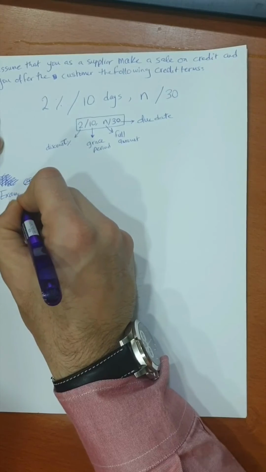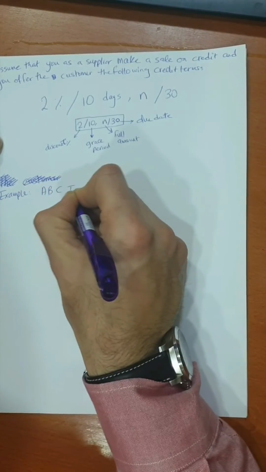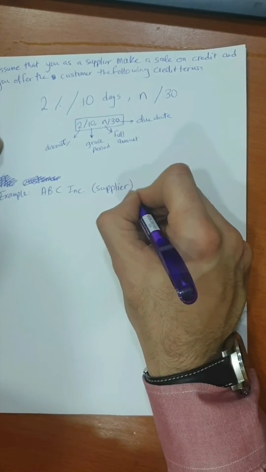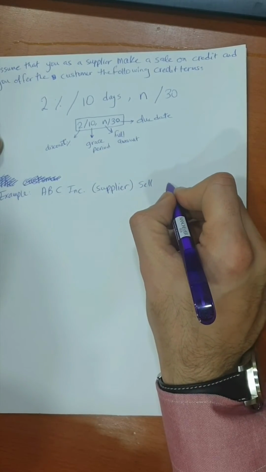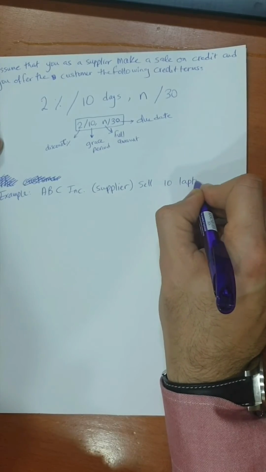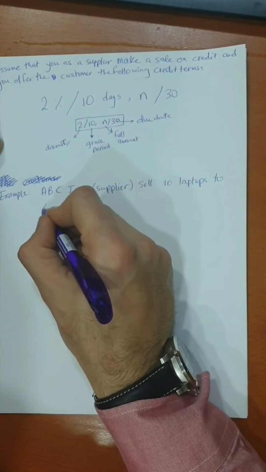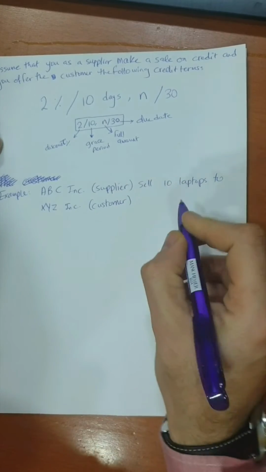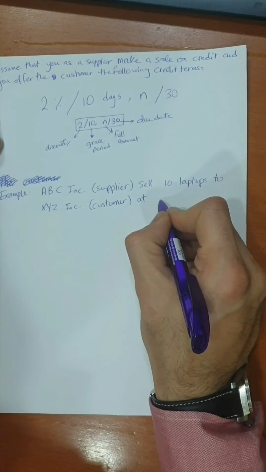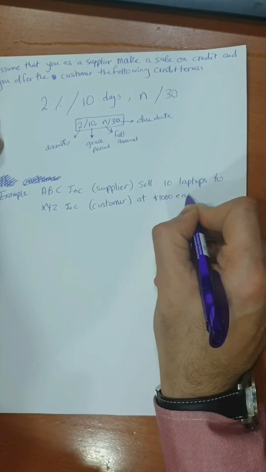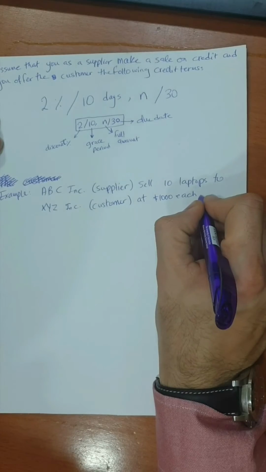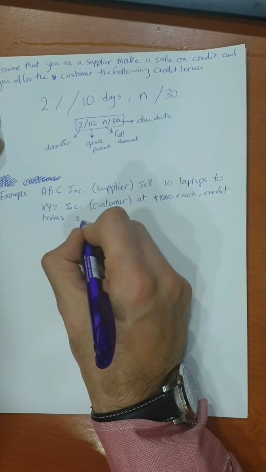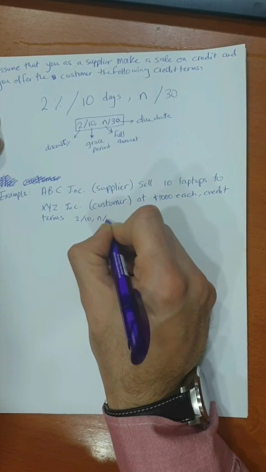Example: ABC Incorporation, which is the supplier, sells 10 laptops to XYZ Incorporation, which is the customer, at $1,000 each, with credit terms 2/10, n/30.